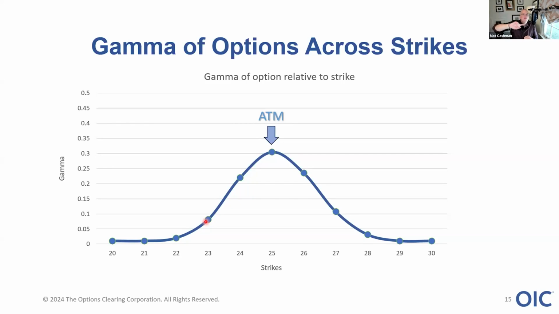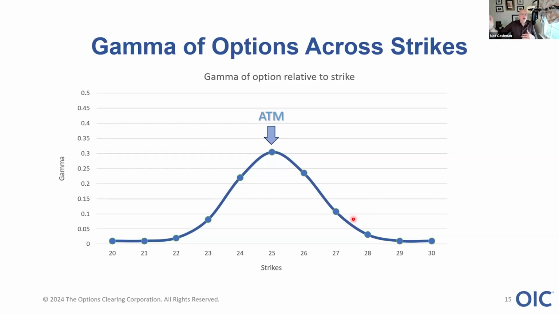However, as you go further out in time, the disparity between the at the money gamma and the out of the money gamma amounts is going to flatten. These gamma curves start to get flatter as you go further out in time. The reason why is because as you go further out in time, and I'm actually going to talk about this a lot during this presentation, options get more Vega and less gamma.